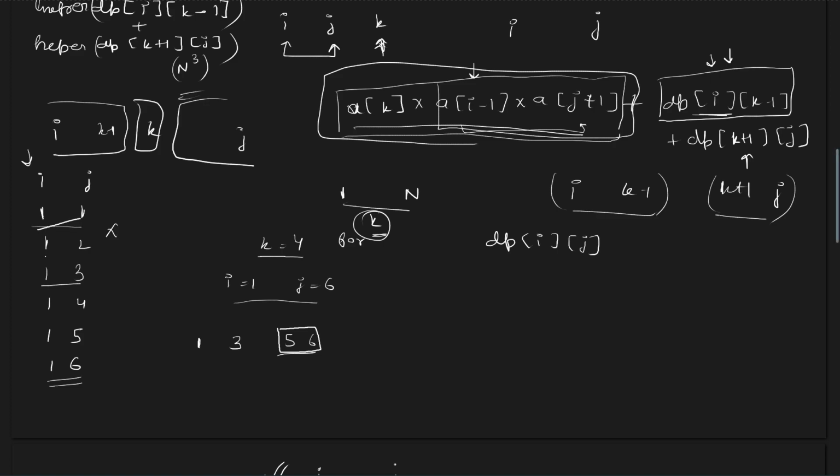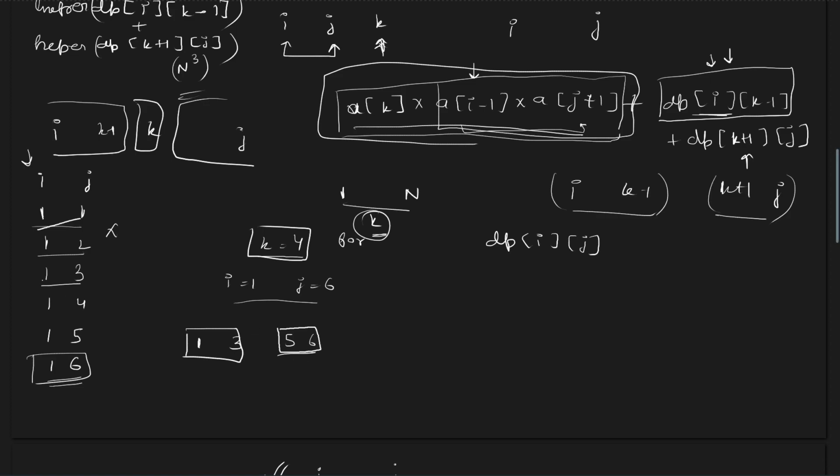So I tried writing some sequences: 1 1, 1 2, 1 3, 1 4, 1 5, 1 6. We found that if we take any general value, for example 1 6, and take a k between them, like 4, then for i equals 1 and j equals 6, and k equals 4, we already need to calculate the value of dp of 1 3 and dp of 5 6.